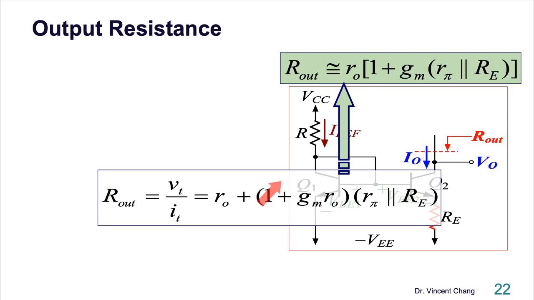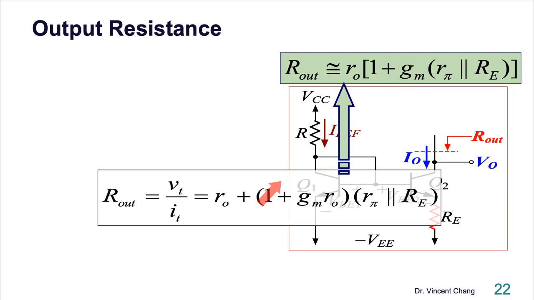So you see RO on the left hand side. Just picture this in your mind. In contrast, the basic current mirror is RO, right? Now on the right hand side it is multiplied by a factor. How big is the factor?